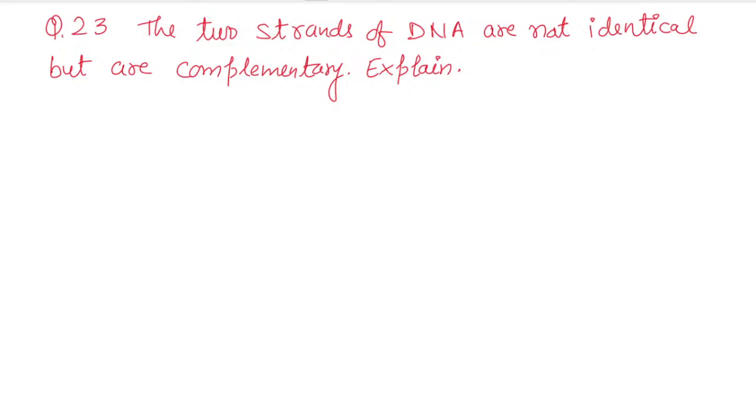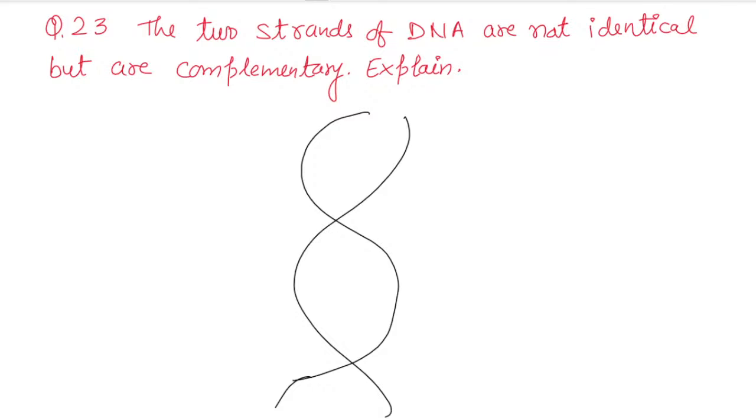You know, the 2 strands of DNA are held together by hydrogen bonds between purine bases of one strand and pyrimidine bases of the other strand, and vice versa.